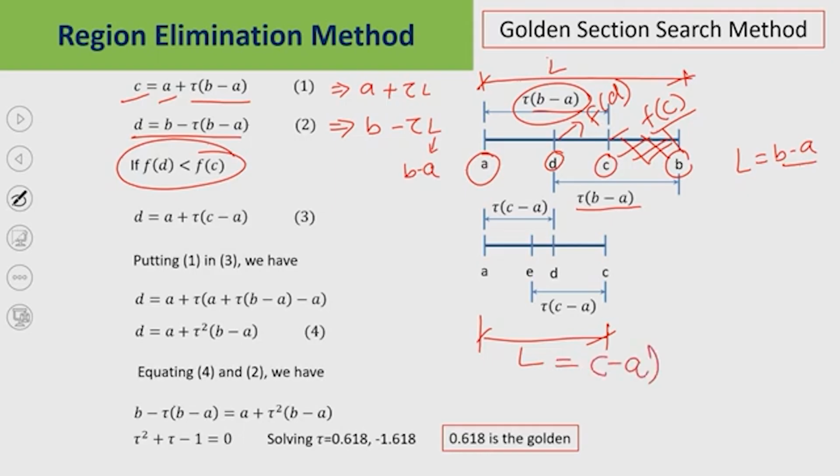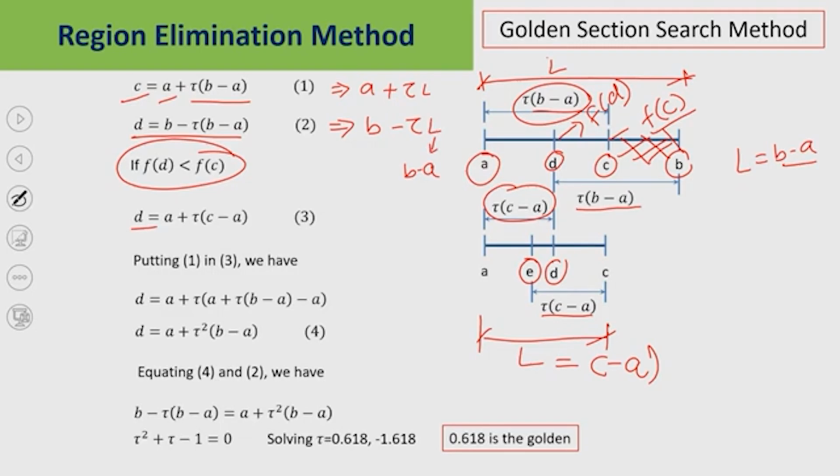So, this is C. Now, the earlier point D will be now tau times (C minus A), and I will take another point E, and that is tau times (C minus A) from the right hand side, from C. Now, what is the value of D now?